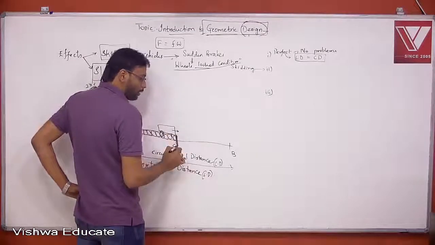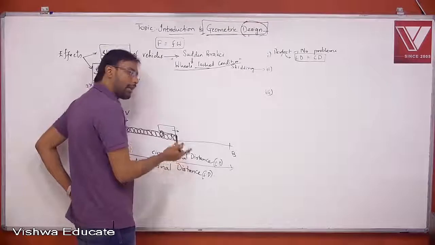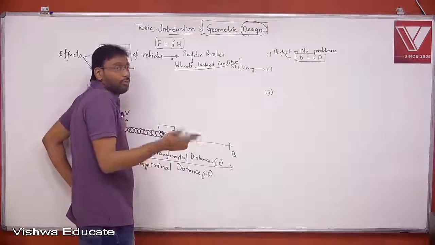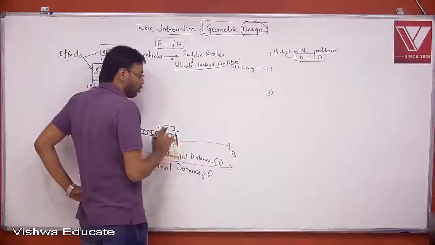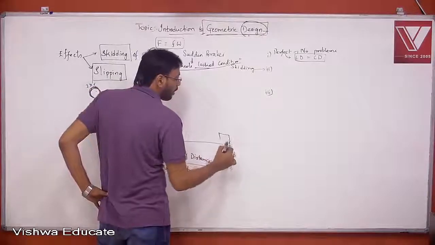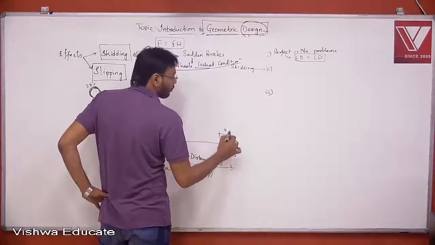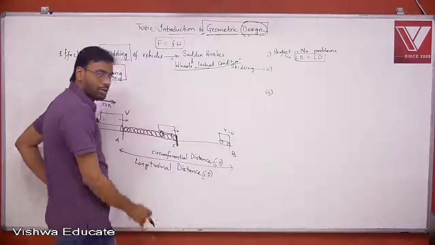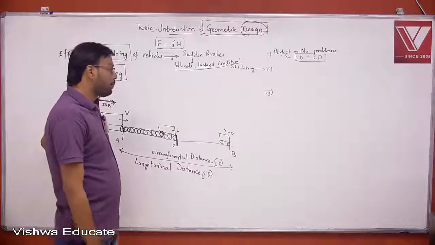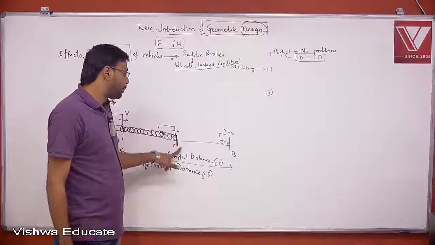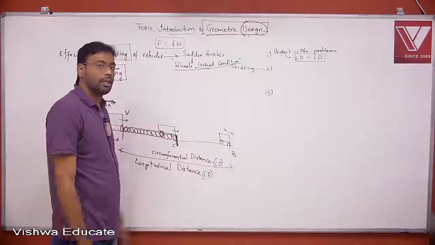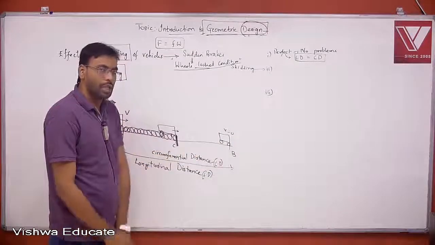So you applied sudden brake, but your vehicle will move. Wheels won't move, but your vehicle moves. So your vehicle moved here and it got stopped. So your final velocity is 0, obviously, right? From here to here, your vehicle has been moved and it has been stopped.